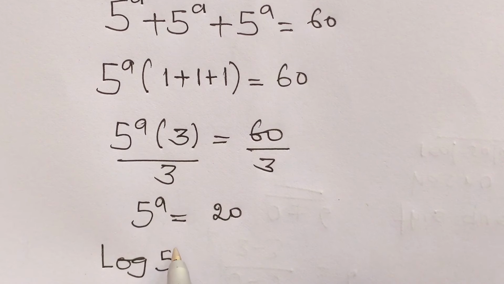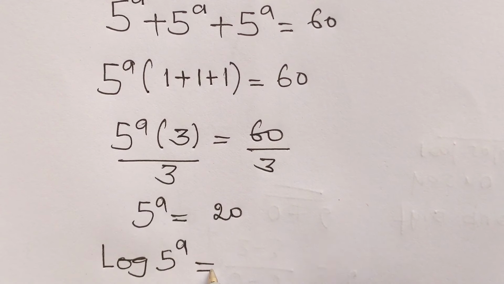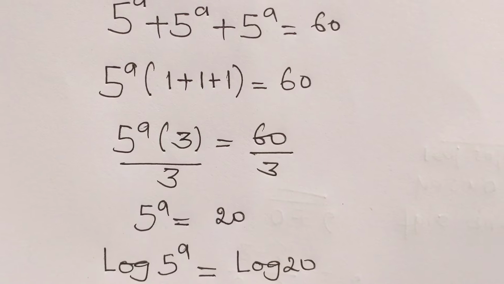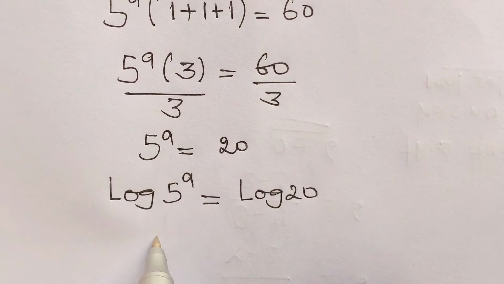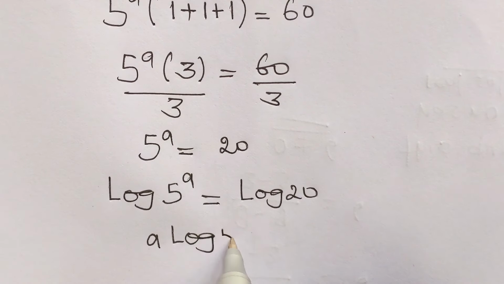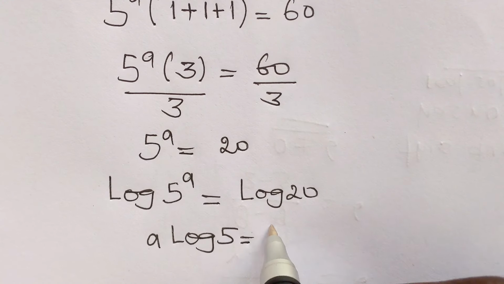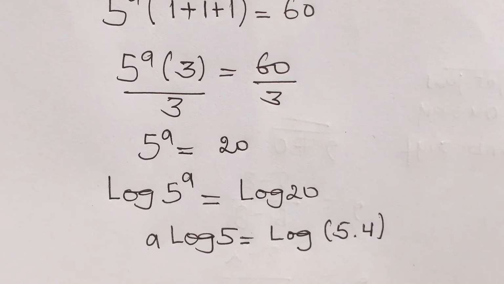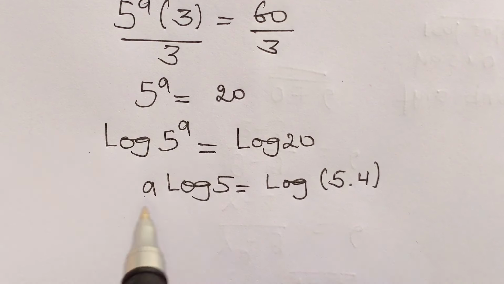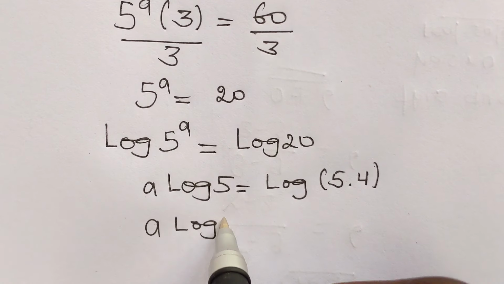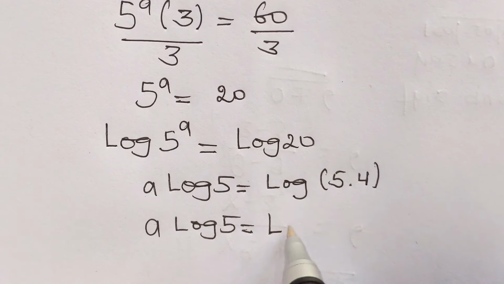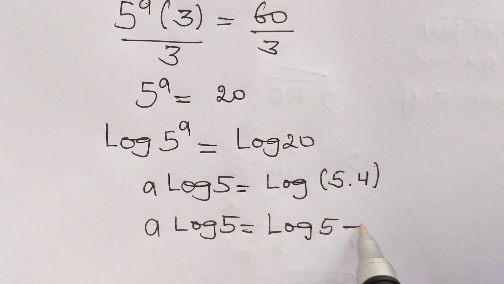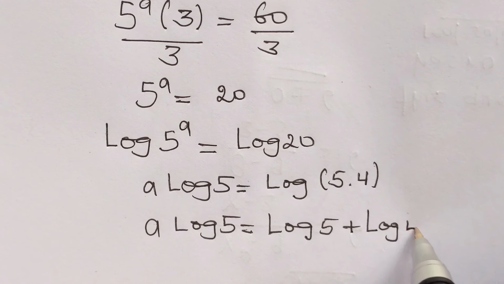Logarithm of 5^a equals logarithm of 20, where a log of 5 is equal to logarithm of 5 times 4, and this will be a log of 5 is equal to log of 5 plus log of 4.